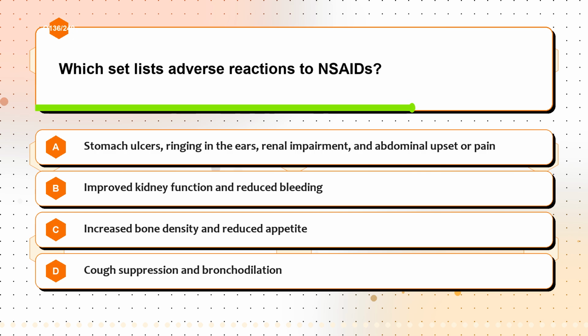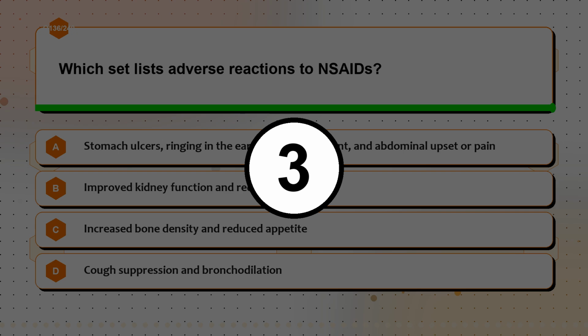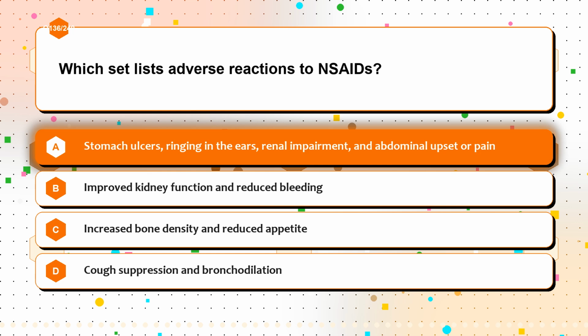Option C, increased bone density and reduced appetite. Option D, cough suppression and bronchodilation. The correct answer is option A, stomach ulcers, ringing in the ears, renal impairment, and abdominal upset or pain.